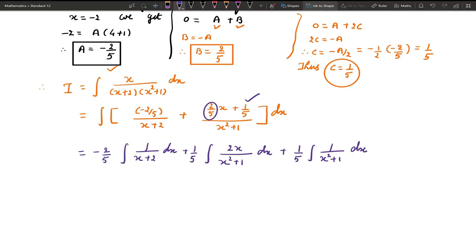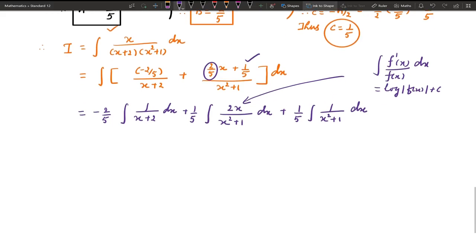In this one the derivative of the denominator is in the numerator, f dash by f form. For such a function we know its integration is log mod denominator plus c.